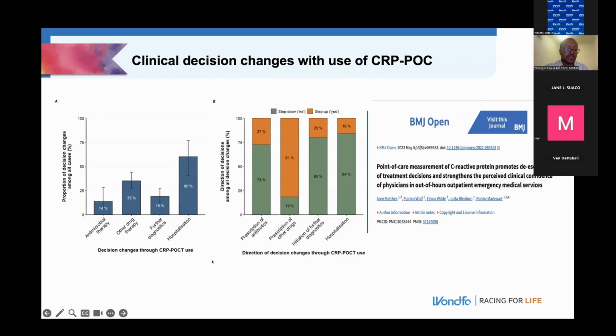You can see the decision changes when the CRP point of care test was used and how the antimicrobial therapy, other treatments, and so on changed quite frequently with the use of the CRP itself. So that helped the team to effectively decide about patients without a significant stay, with timely decisions for admission or for discharge.